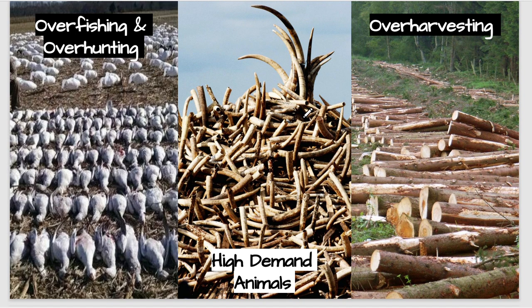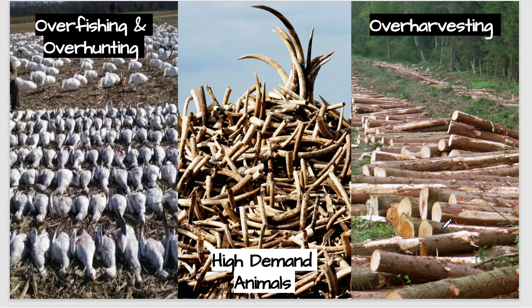Then you have high demand animals. So here is a bunch of tusks, and these tusks provide ivory, which is a highly sought after material. It's expensive. And so these elephants are being overexploited specifically for this high demand material of ivory.